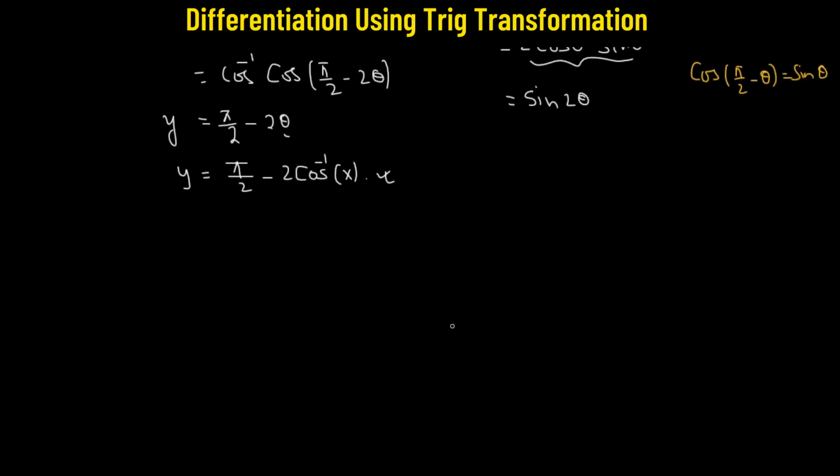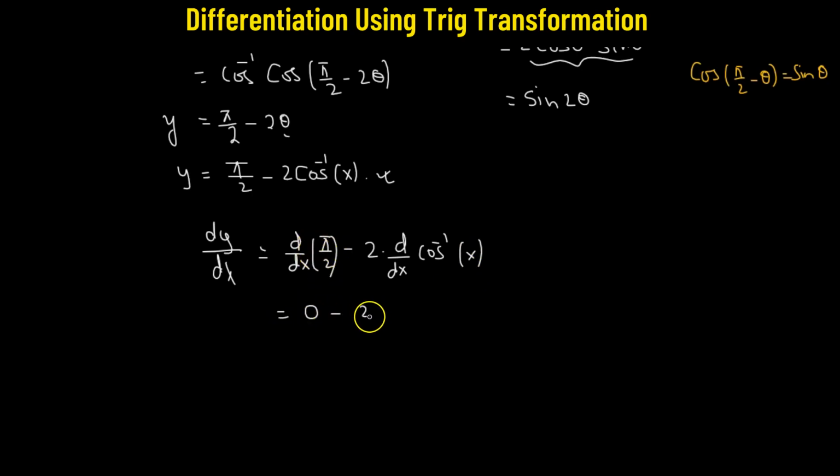So let's do that. I will take the derivative on both sides with respect to x, which will be equal to the derivative with respect to x of the constant pi over 2 minus 2 times the derivative with respect to x of the cosine inverse of x. The pi over 2 being a constant, this will become 0. We have negative 2 multiplied by the derivative of the inverse cosine function, which has a standard value of negative 1 divided by the square root of 1 minus x squared.